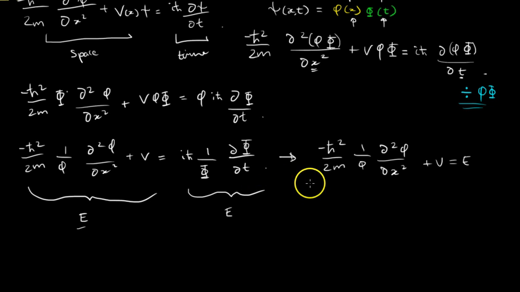I'll call this equation 1, by the way. For equation 2, we get i h bar 1 over capital Phi d Phi over dt is equal to E.